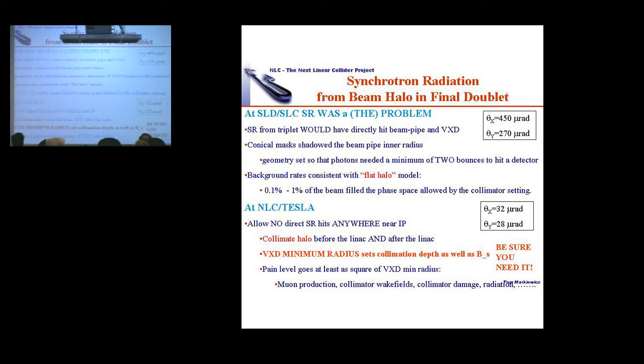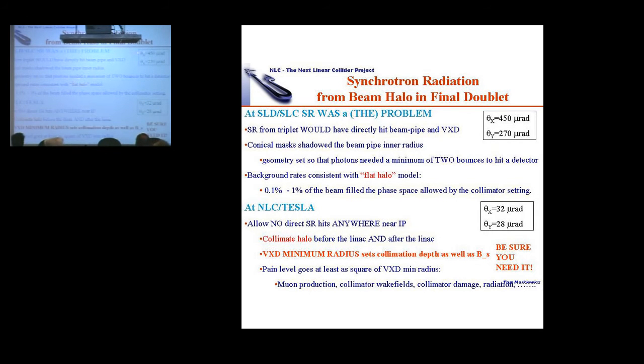All right. I want to make only one point about synchrotron radiation. I told you the biggest problem is pairs in this linear collider. At SLD and SLC, synchrotron radiation was the problem which dominated daily life in the collider hall.